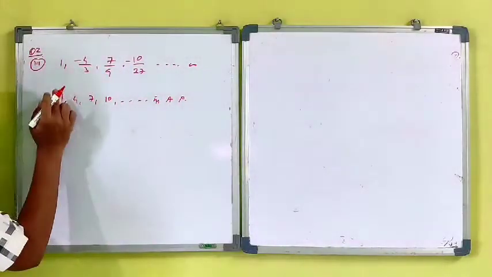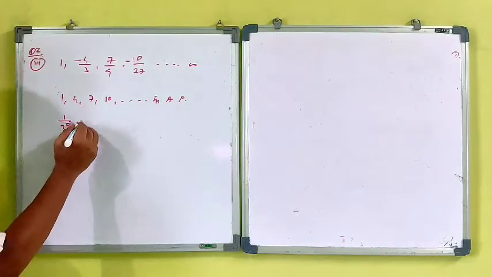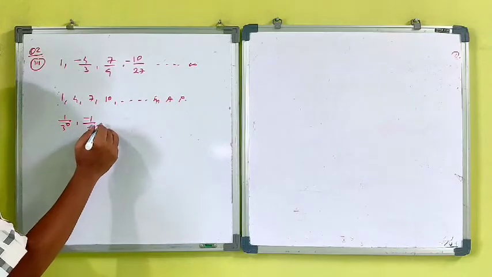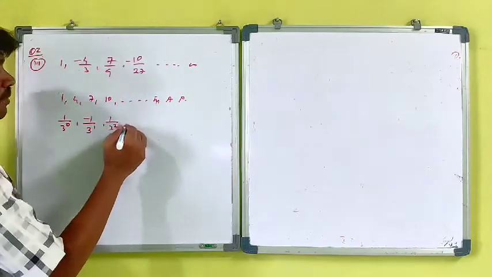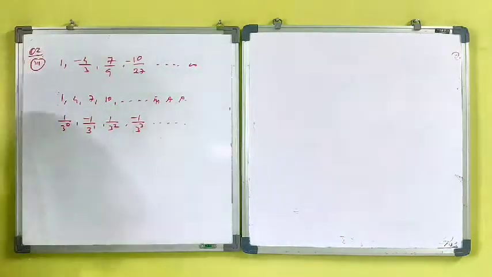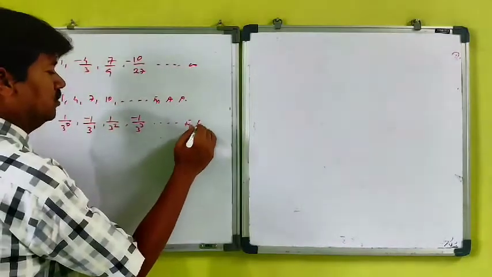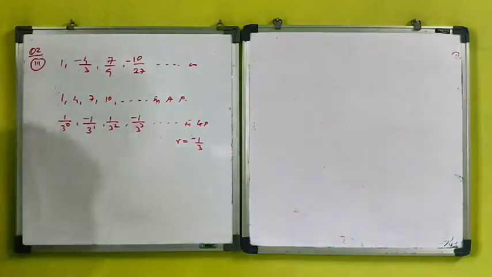But if we observe these terms, we can say 1 upon 3 raised to 0. The next term is minus 1 upon 3 raised to 1. The next term is 1 upon 3 square. Then minus 1 upon 3 cube, and so on. In the geometric progression, the common ratio is minus 1 upon 3.